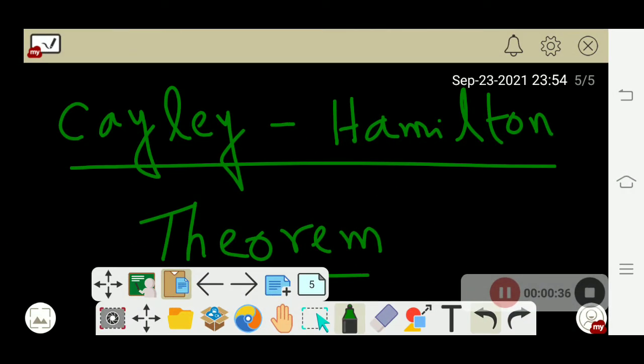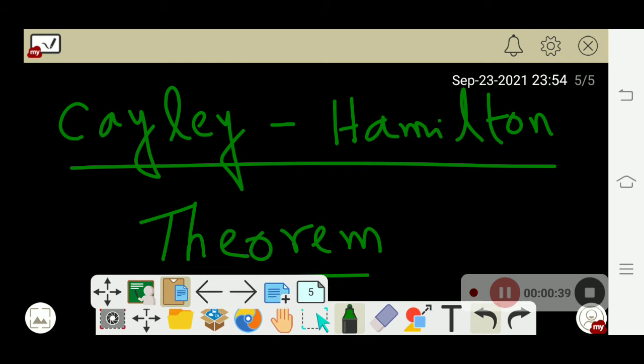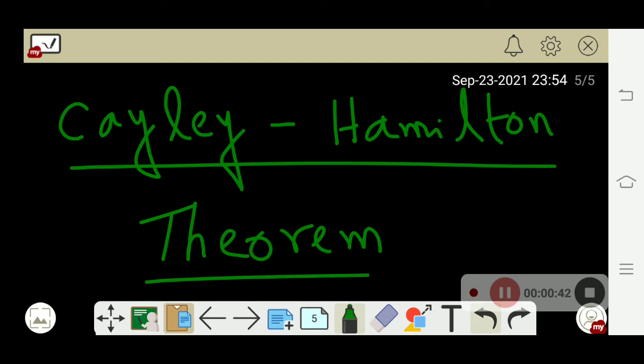The inverse is adjoint of A divided by mod of A. Here the Cayley-Hamilton theorem makes it easy to find the inverse of a matrix. So let's see the statement of the Cayley-Hamilton theorem and its utilization.